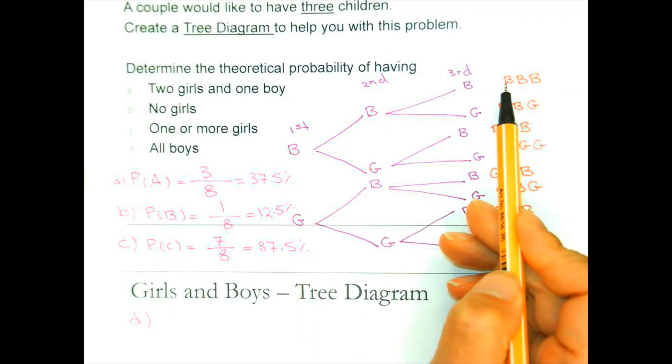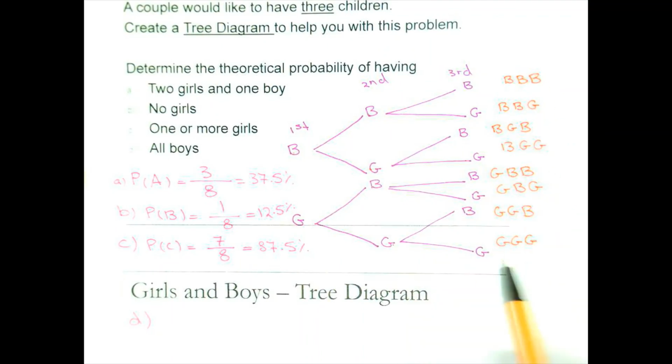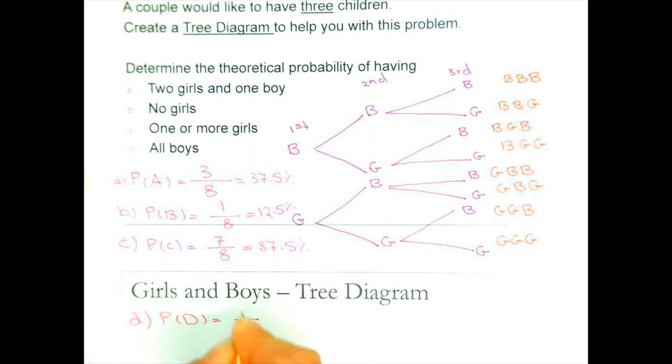It's this case, boy, boy, boy. In all of the other cases, there is at least 1 girl. So the probability of D is 1 out of 8 for all boys, which is 12.5%.